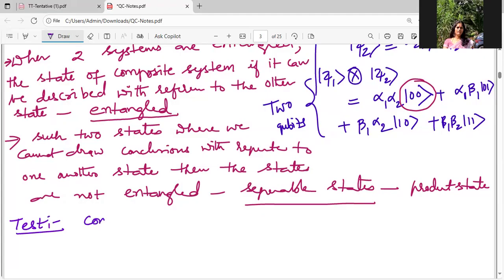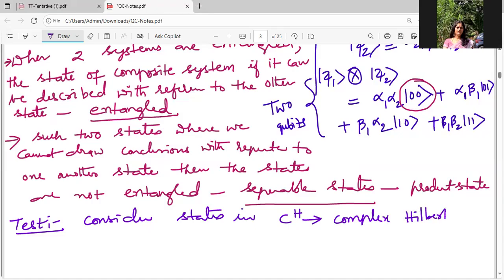Suppose we consider states in CH. What's this notation for us? I'm in the complex plane, guys. H stands for Hilbert space. Of course, in the basic videos I have discussed how complex numbers are related to quantum, you can cross-check. Consider states in the set CH, the complex Hilbert space.